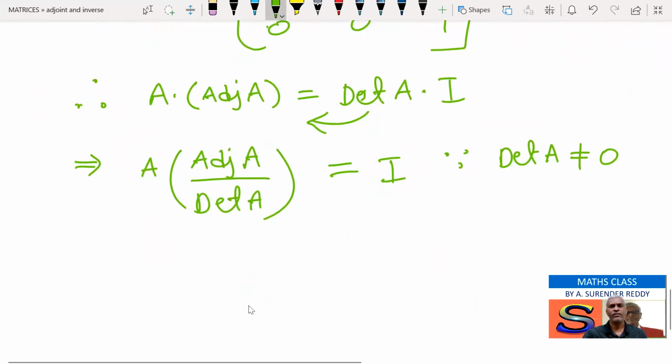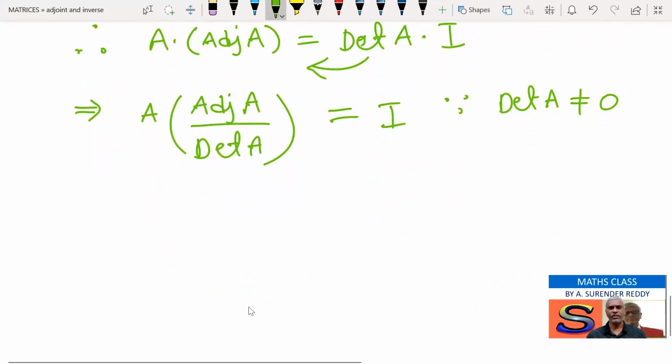It is non-singular, the determinant is not equal to 0. So let us name it as 1.